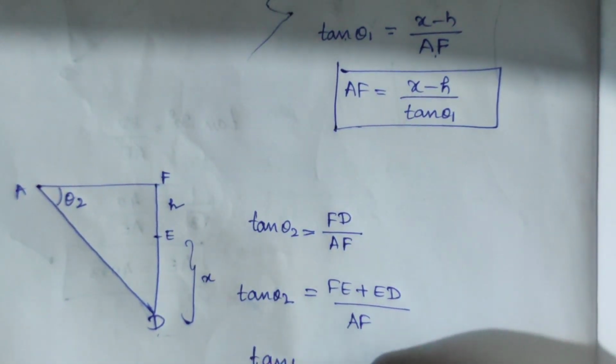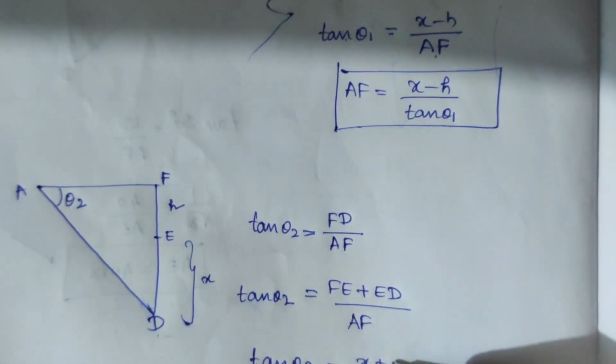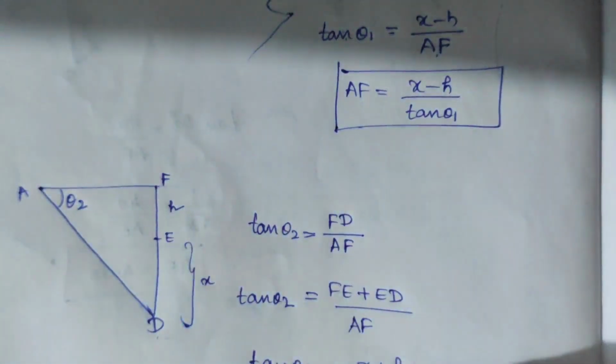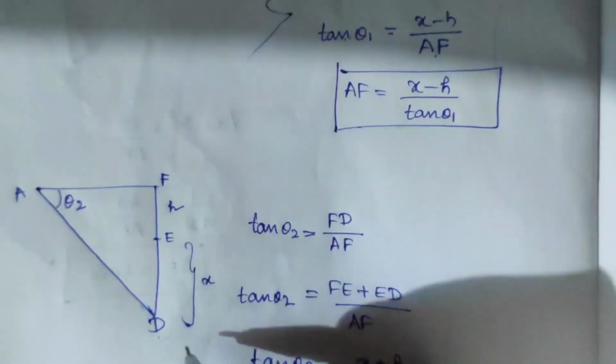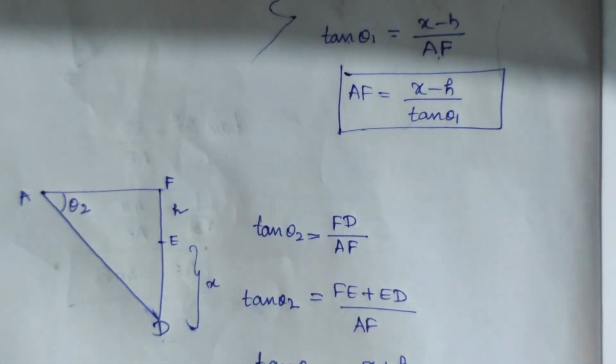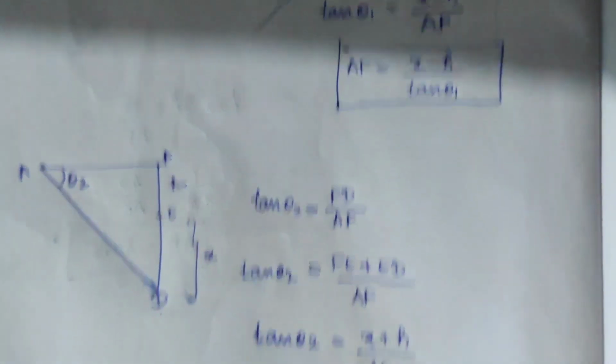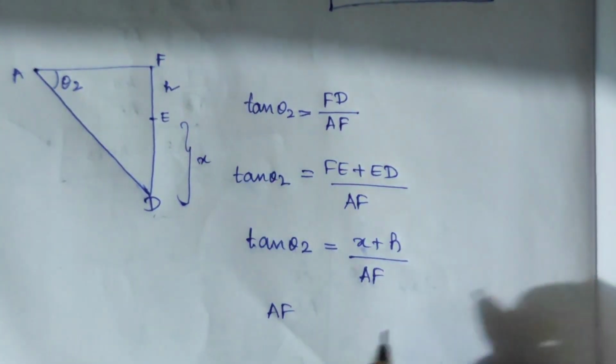So tan theta 2 is equal to x plus h by AF, since FE is h and ED is x. Take this AF to the other side and bring tan theta 2 here.